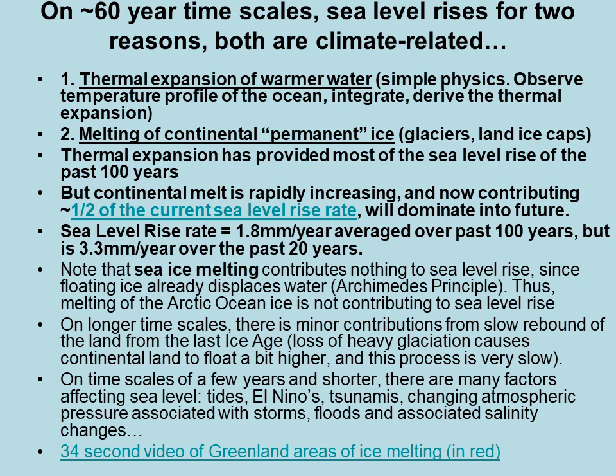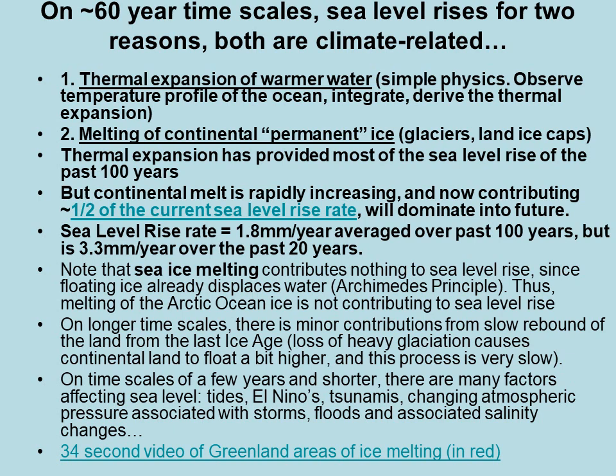In the past, about half of the rise in sea level that we've seen in the last 100 years, roughly 8 or 9 inches, has come from just the thermal expansion of warm water. And only now is the melting of continental ice contributing about half, or actually a little more than half, of what we see. And of course going forward that's going to dominate.